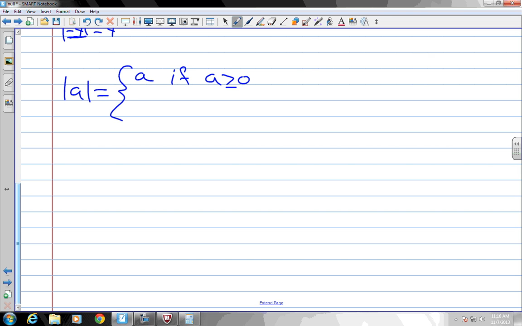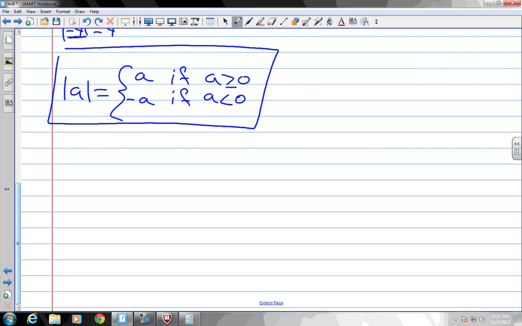Don't even times it by anything. But if it's negative, you will multiply it by negative 1. So if a is the negative number to begin with, in order to make it positive, multiply it by negative 1. That's how you turn negative things into positive. So this is really the official definition of absolute value.